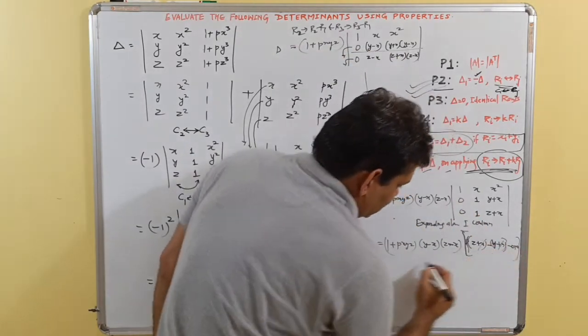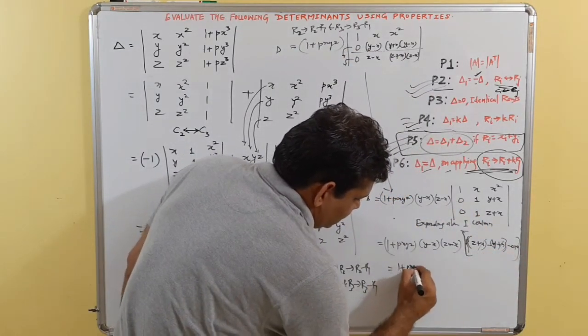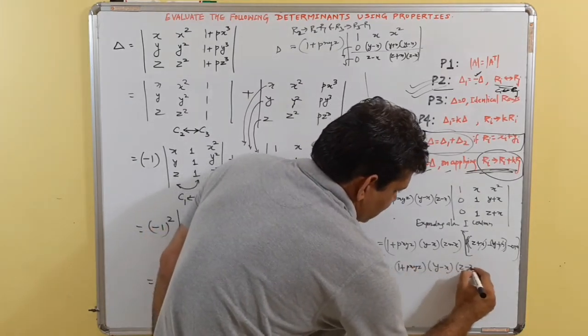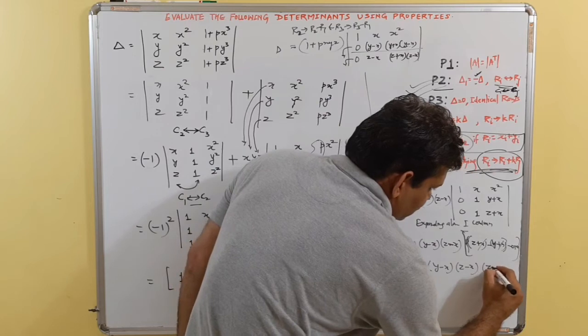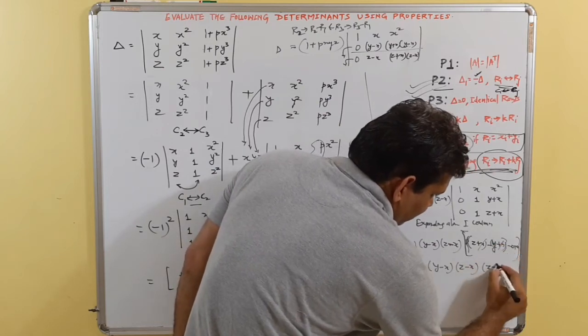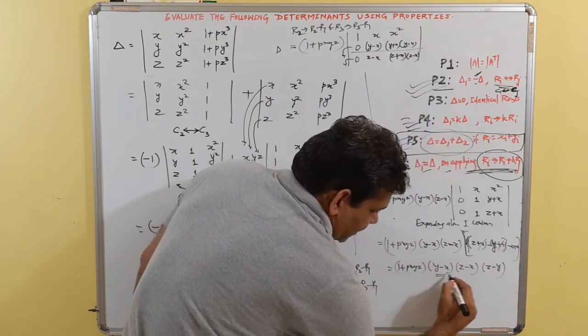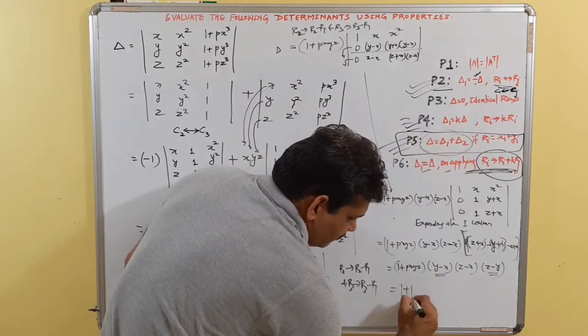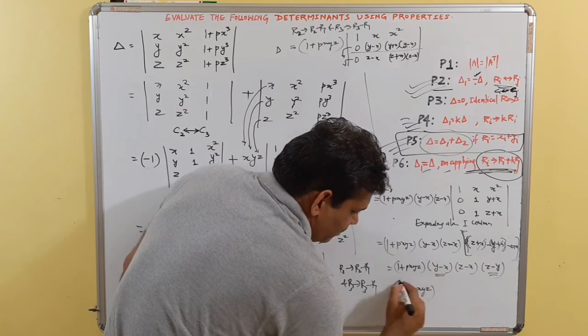Here x will be cancelled out, so it will give 1 plus pxyz into y minus x into z minus x into z minus y. If I take the negative sign common from here and here, minus into minus will be plus, so this will give me 1 plus pxyz.